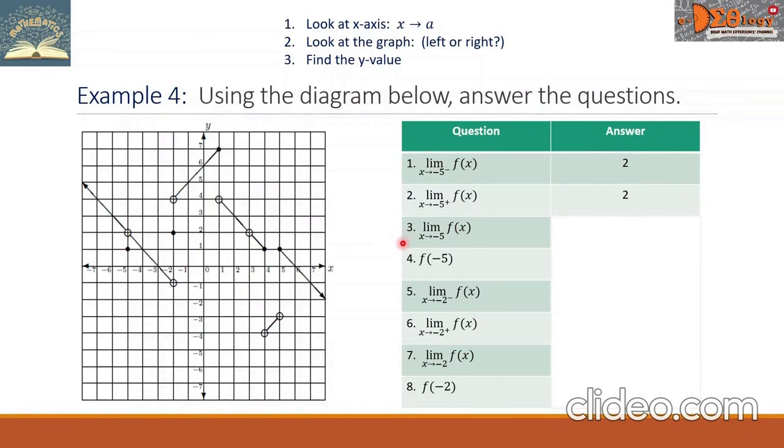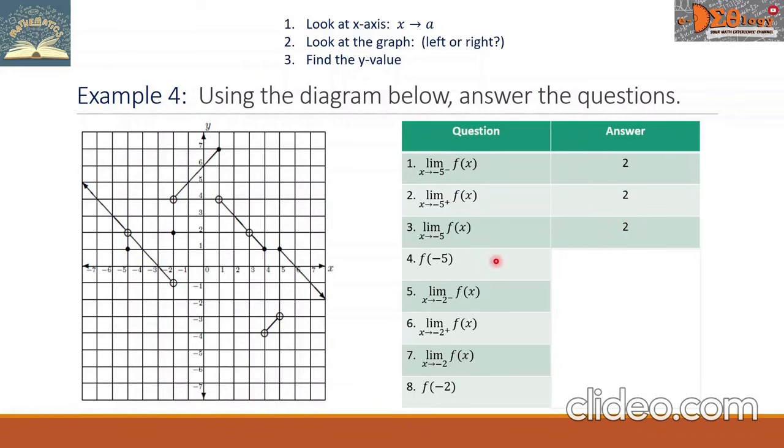Then number 3, two-sided limit, the limit of f of x as x approaches -5. In this case, we compare the values of left-hand limit and the right-hand limit. We can see that they are equal. This is the same value for the two-sided limit. So we write here 2.